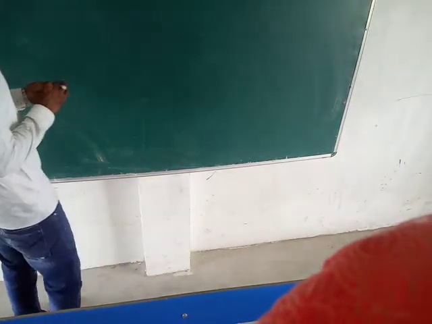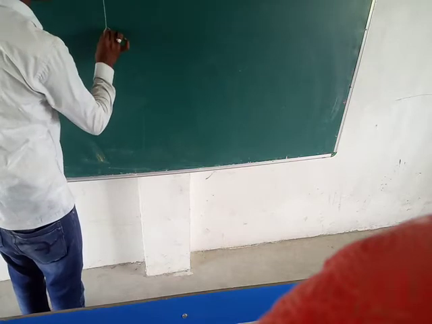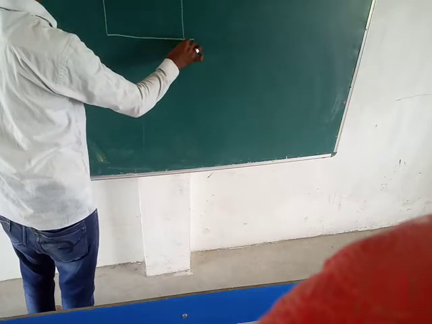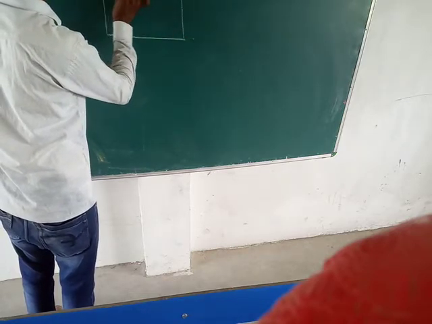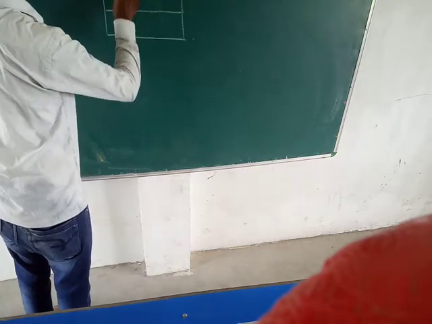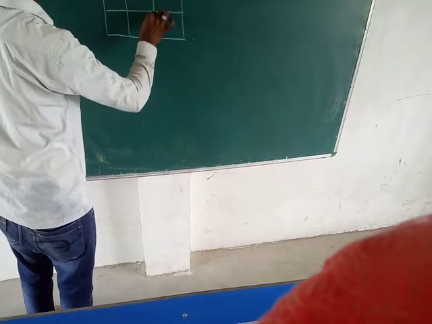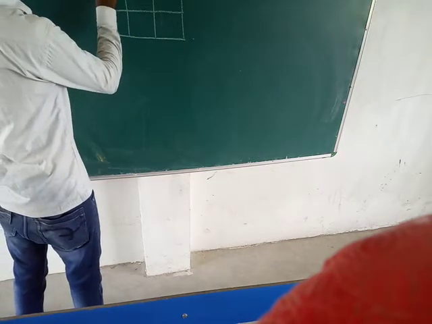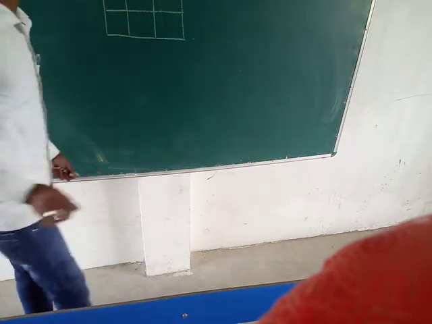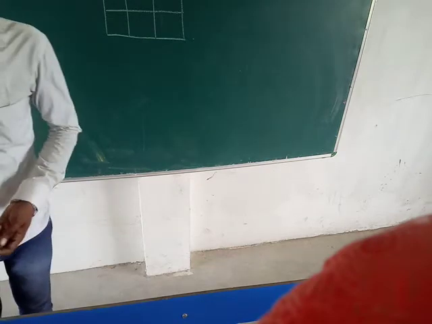Means we have a square in which three columns and three rows and two diagonals.